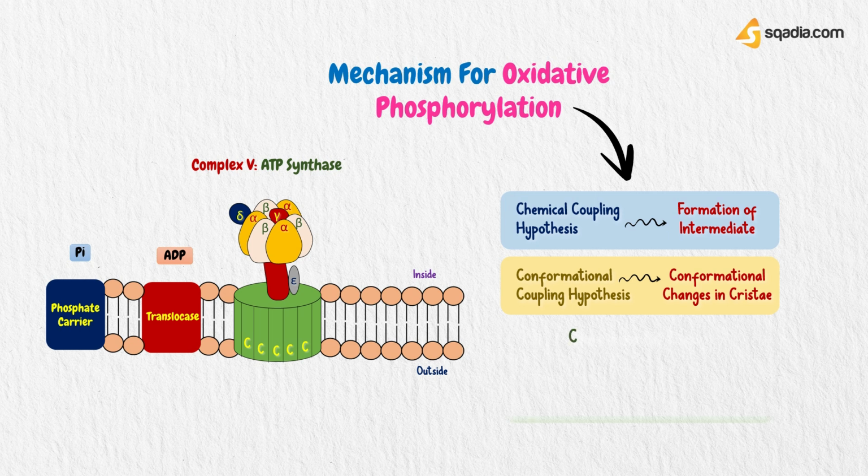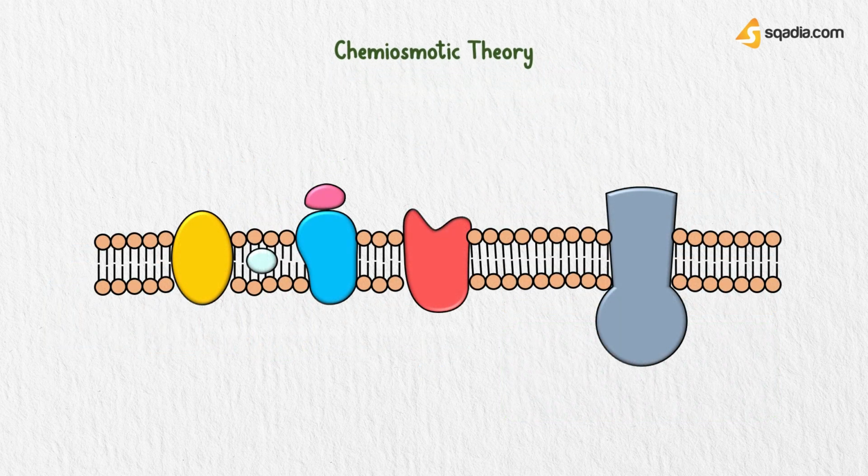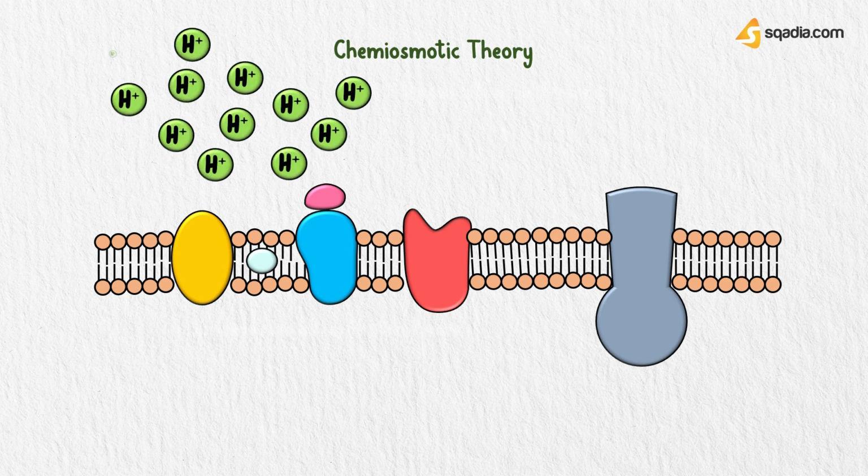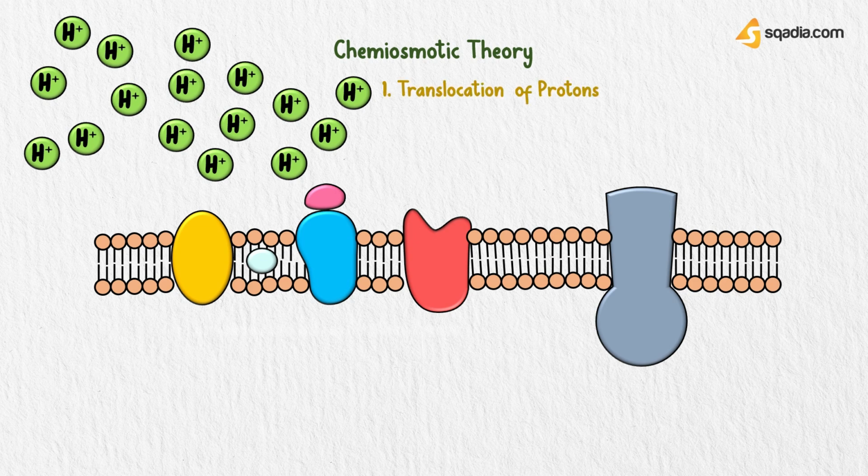Then comes chemiosmotic theory. This theory is the most accepted view of oxidative phosphorylation. Mitchell's chemiosmotic theory postulates that the energy from oxidation of components in the respiration chain is coupled to the translocation of hydrogen ions, or protons, from the inside to the outside of the inner mitochondrial membrane. Each of the respiratory chain complexes 1, 3, and 4 acts as a proton pump.